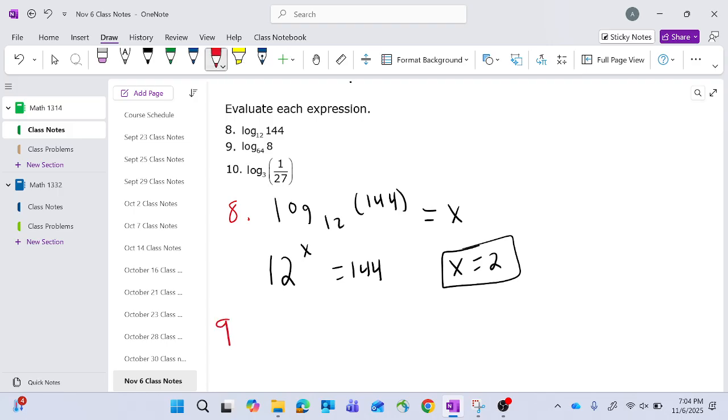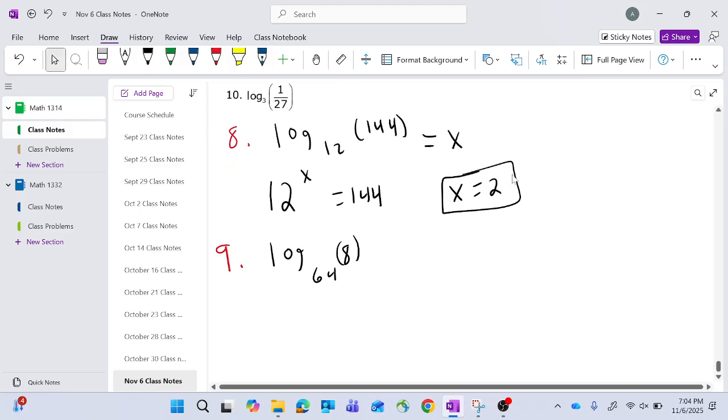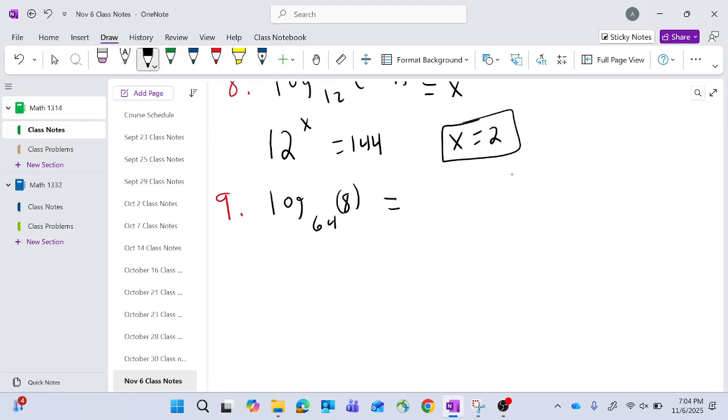All right. 9, log base 64 of 8. We'll evaluate this. Same thing. Set it equal to x. And now you have 64 to the x equals 8.